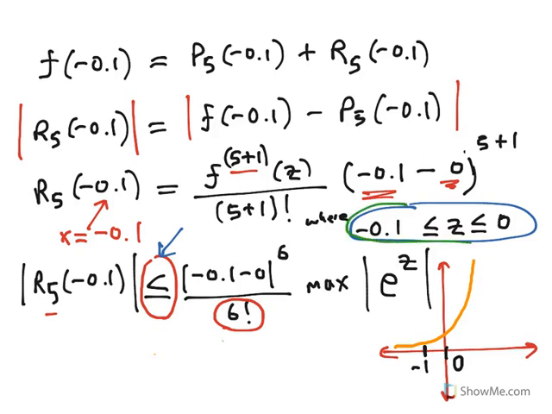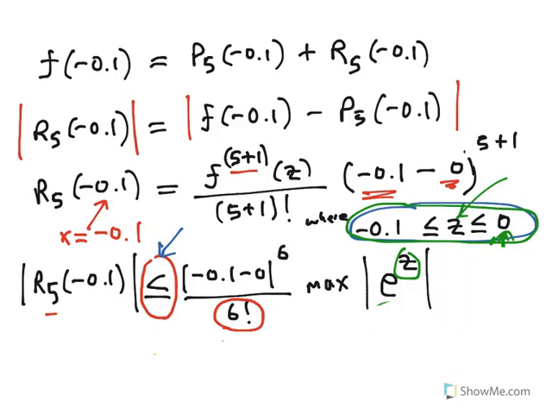So for z values from this interval, e to the z will be maximum at the right endpoint of the interval, at z equals 0. So if I want to choose the z value from this interval for which e to the z will be maximized, I would choose z to be equal to 0. So e to the 0 is 1. So I can now replace this here with 1.